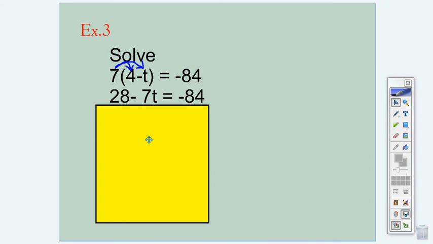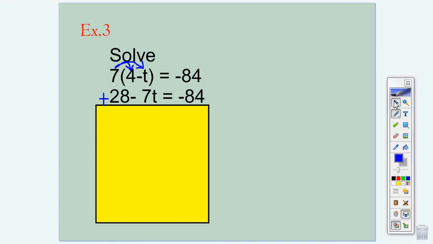Now, from here though, I've got to be cautious. What's my undo step? You don't look here. Where have I told you to look? You look to the left for a sign. So that's plus 28.